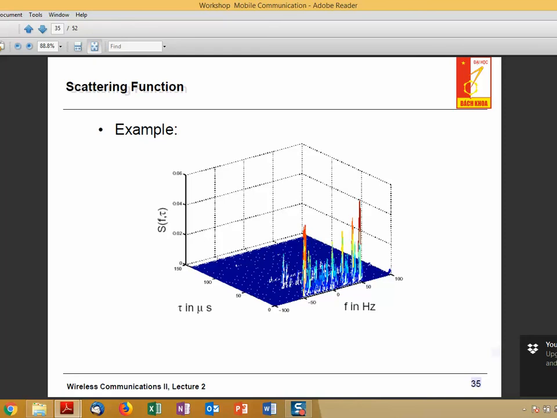Like this, and we have the same form. Also the same form.